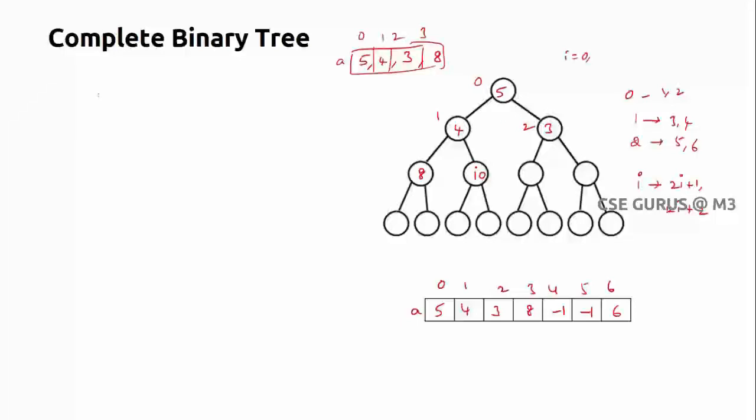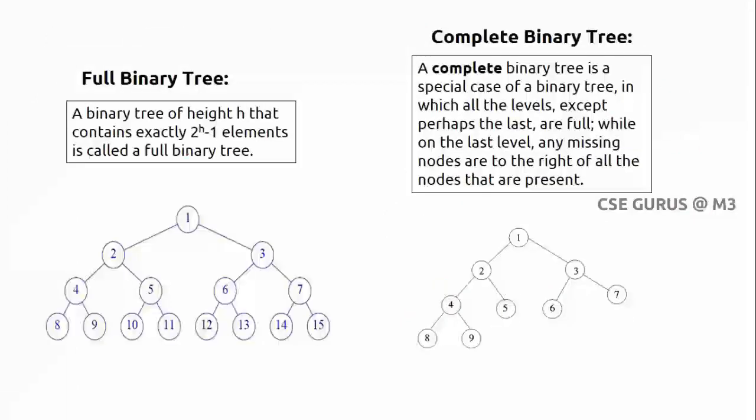So whenever you take a level, till the last level it must be finished. You can have a formula also for a full binary tree. A binary tree of height h that contains exactly 2 power h minus 1 elements is called a full binary tree. Here you can see this is level 1. What is 2 power 1 minus 1? It is 1.